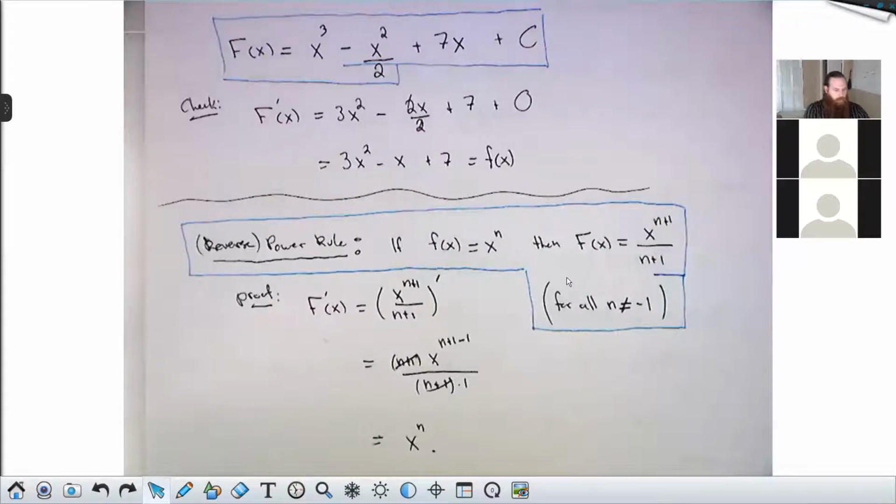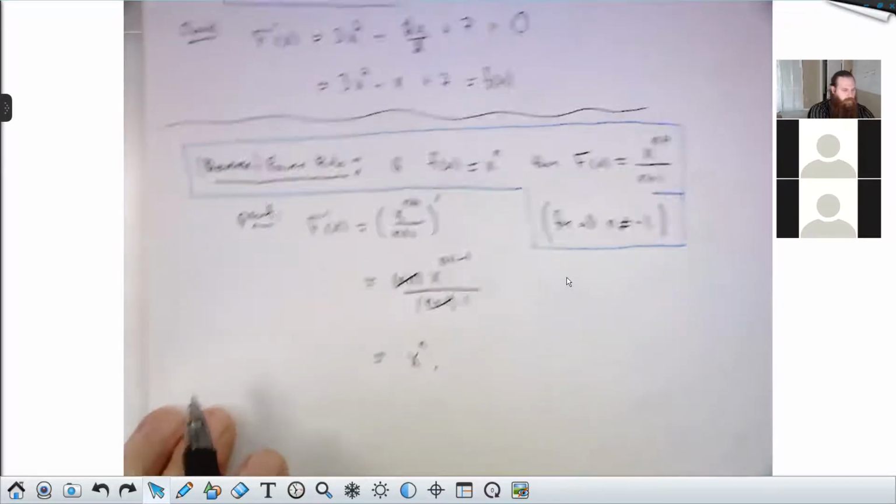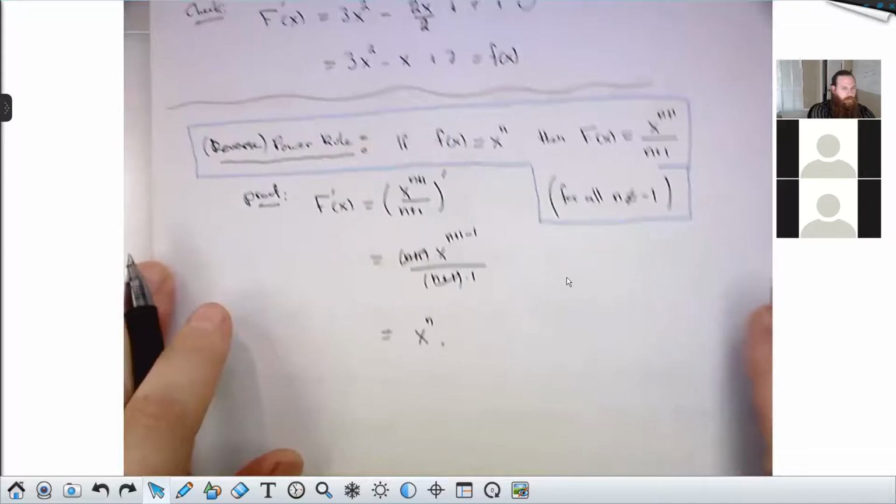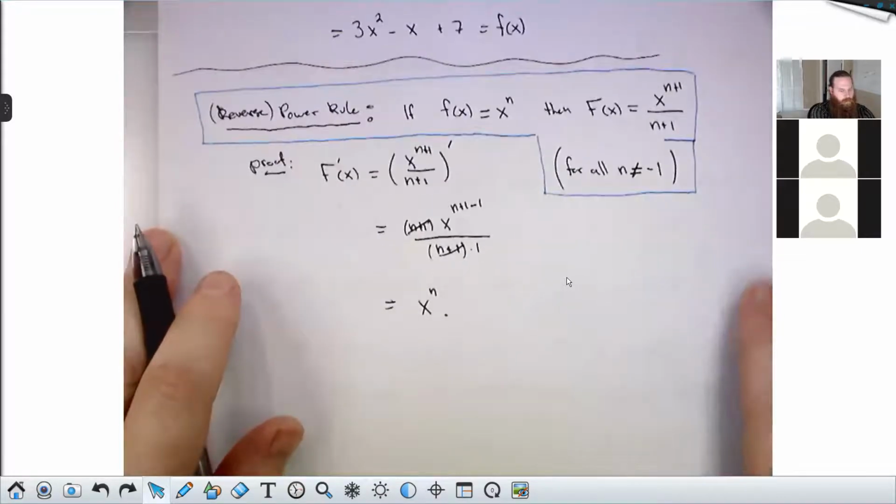The other basic thing we need to introduce here is that antiderivatives play nice with addition, subtraction, and multiplication by constants.